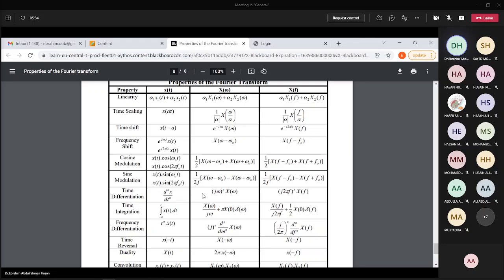The second derivative equals j omega to the power of 2 times X of omega. The first derivative equals j omega multiplied by X of omega.